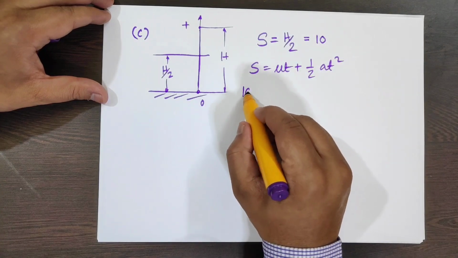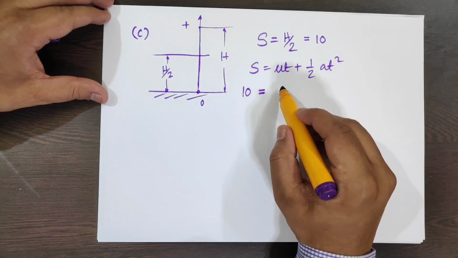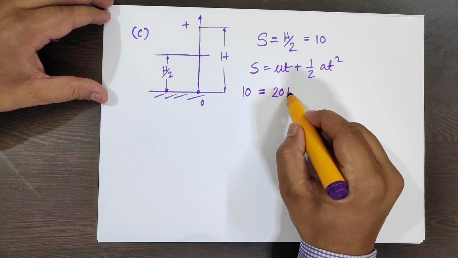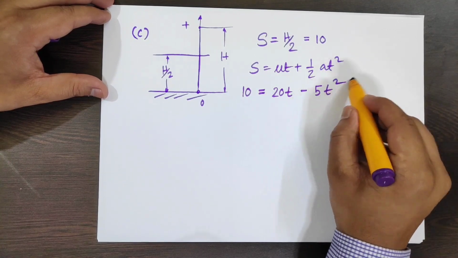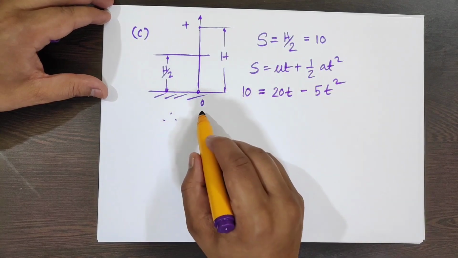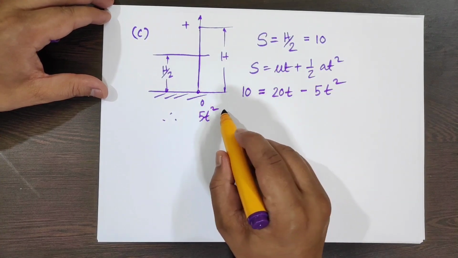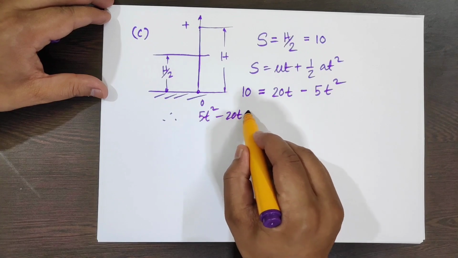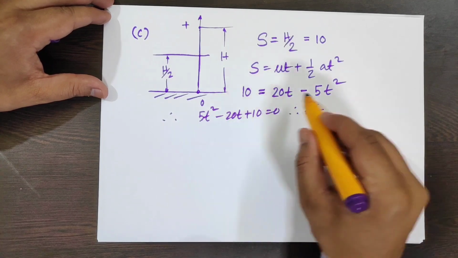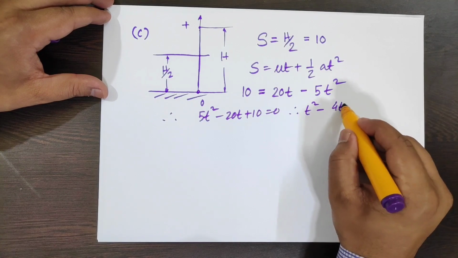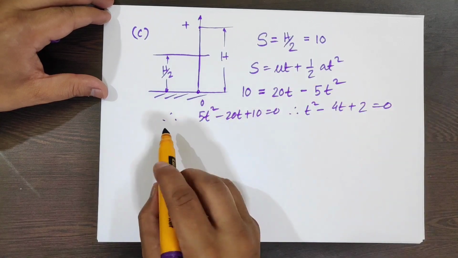I can put here 10 equal to 20t minus 5t square, therefore 5t square minus 20t plus 10 is equal to 0, t square minus 4t plus 2 is equal to 0.